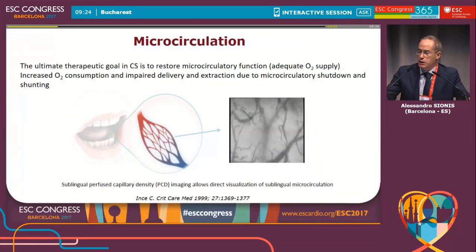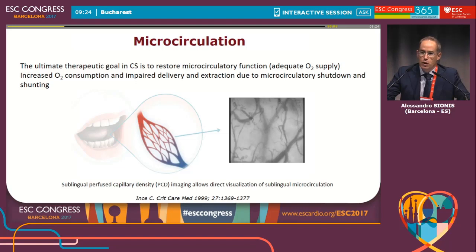Now, I'd like you to realize that when we are assessing hypoperfusion, what we would really like to do is to try and assess microcirculation, because in truth, the ultimate therapeutic goal in cardiogenic shock would be to restore microcirculatory function, that is to restore an adequate oxygen supply.